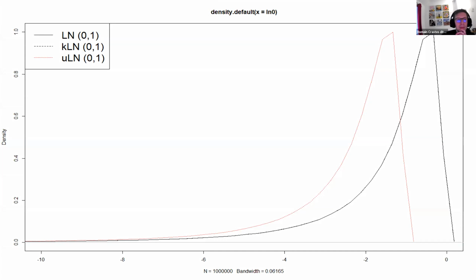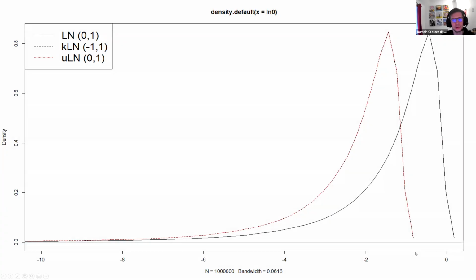So here I have the log normal distribution, kappa log normal distribution, and mu log normal distribution, all negative, and they are all standard, with mean or shift 0 and standard deviation of 1. The first thing you can see is that when the shift of the kappa log normal distribution is equal to 0, this is completely the same thing as the log normal distribution, while my mu shifted log normal distribution is shifted away from 0 already.